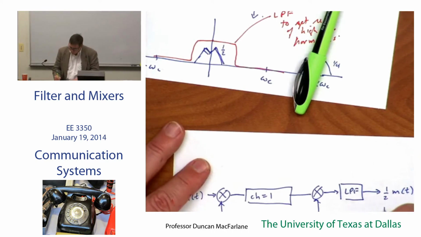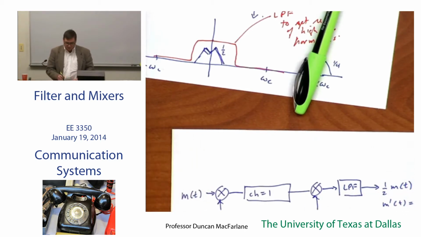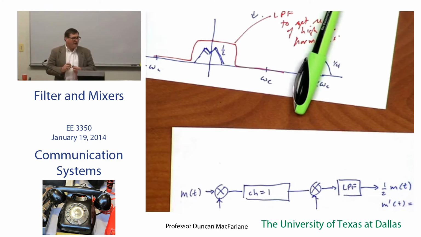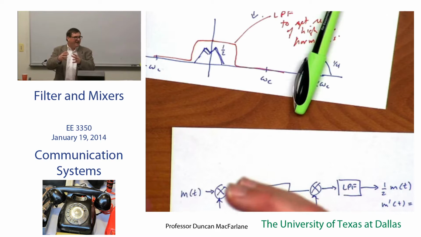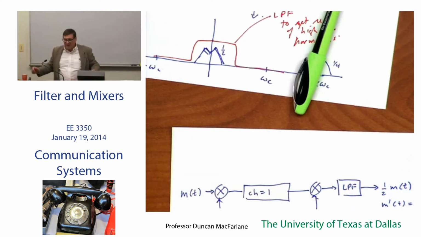So M prime of t equals 1/2 of M of t, which is pretty nice, pretty low level of distortion considering your channel probably has a loss of about 10 to the 5th, 10 to the 6th. Think about taking hundreds of kilowatts or a megawatt and smearing it out over a sphere the size of DFW, right?